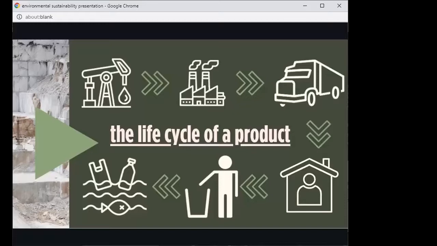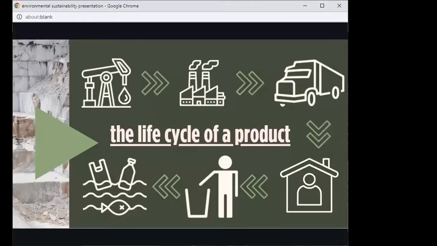That can be things like oil, water, minerals, metal, all of that stuff. Then those materials move to the manufacturing process, which uses a lot of water and is one of the primary creators of greenhouse gases. From the factory, that middle step right here, the product has to be transported.